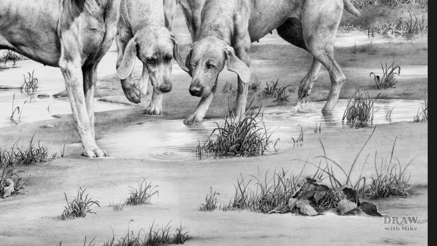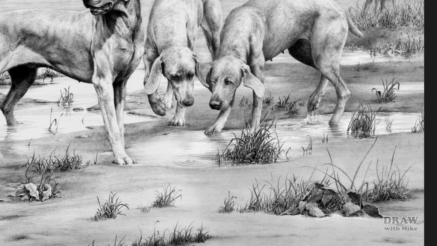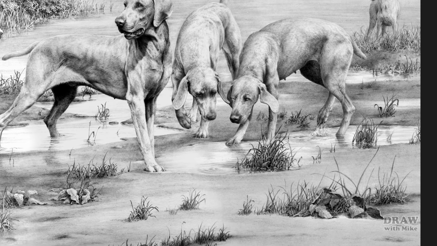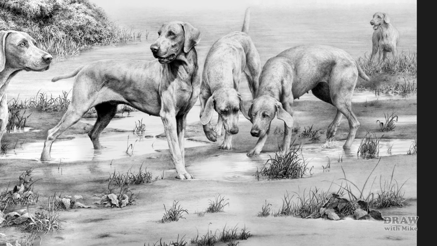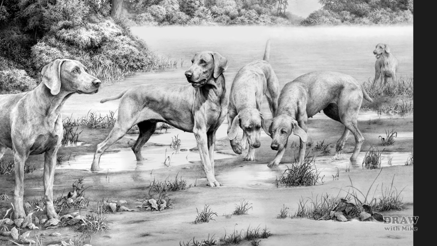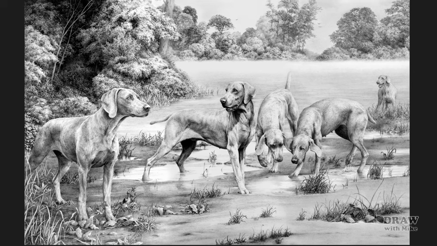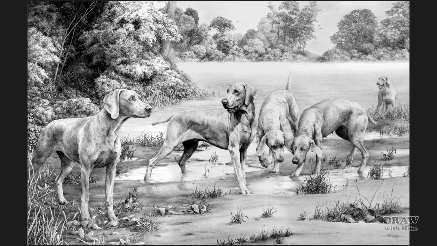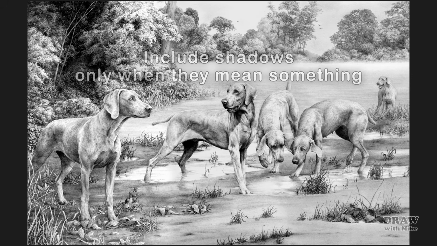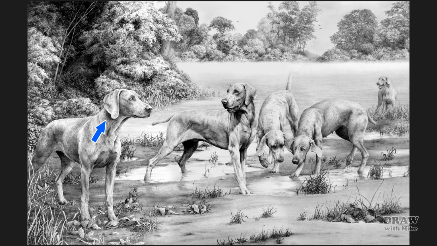Any shadows that add to the story are now rendered useless. And the shadow of that dog's head emphasises the turn of its head. It adds movement, action, 3-dimensionality. Include shadows only when they mean something. Beneath this ear, for example, because it lifts the ear away from the face and creates depth.